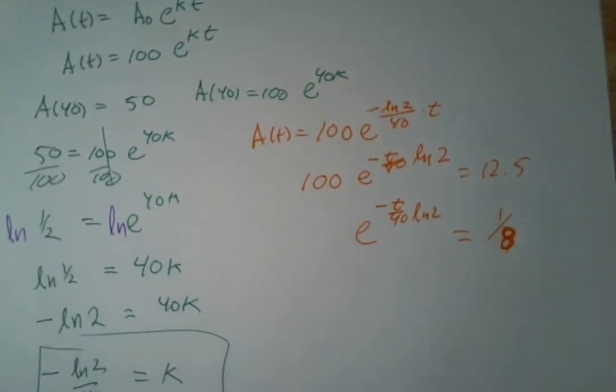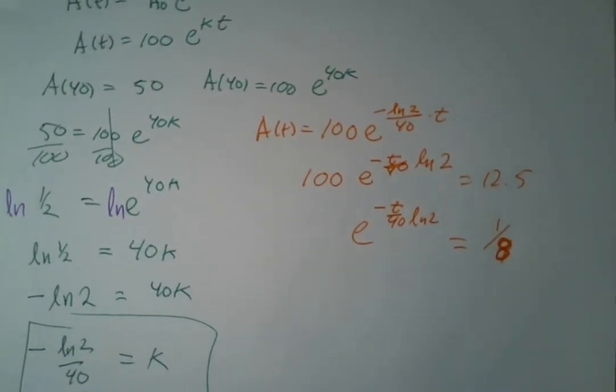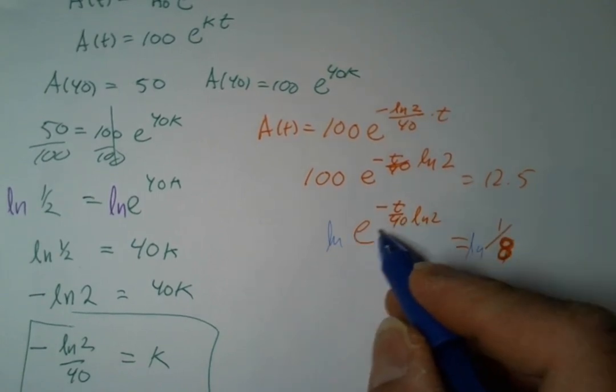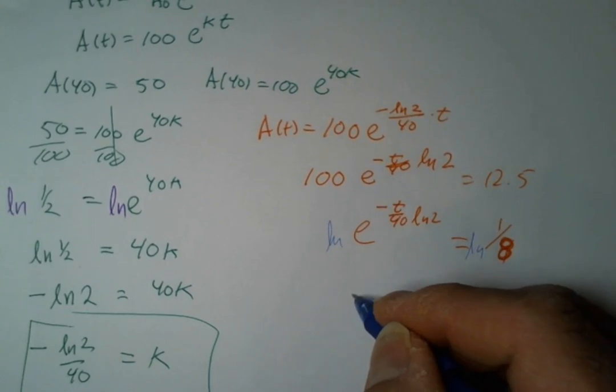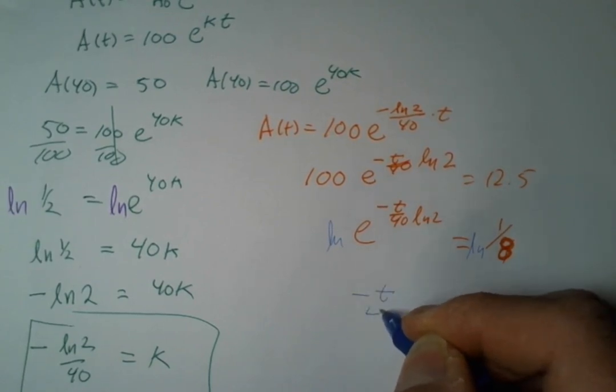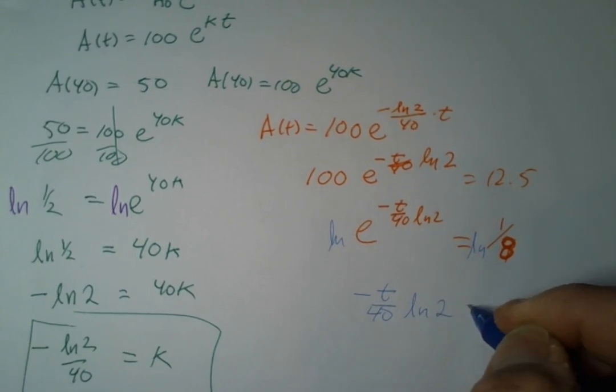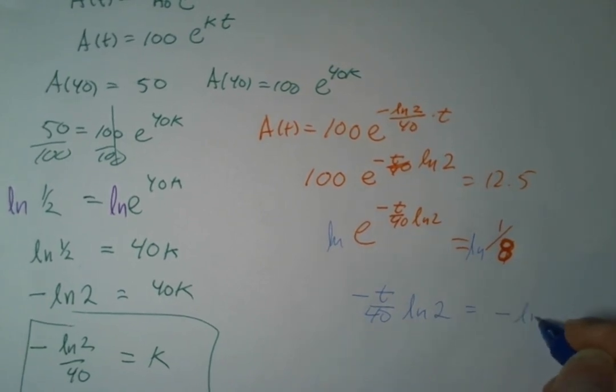Then from here I take ln of both sides. The ln reduces with the e, and all that's left is the exponent, so we get negative t over 40 ln of 2 is equal to negative ln of 8.